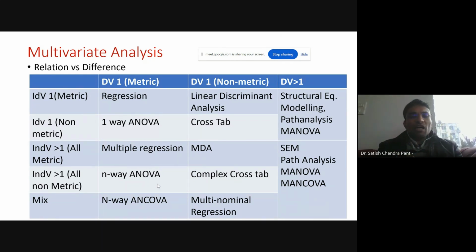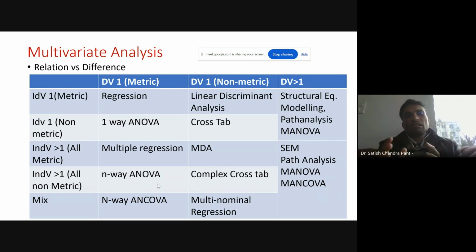In case of ANCOVA, it's analysis of covariance, where we have to take one covariate into the ANOVA. ANOVA plus covariate. So a covariate is one of the continuous variables which is equally impacting the dependent variable, right? So we are taking the covariate into consideration when it comes to analysis of covariance.